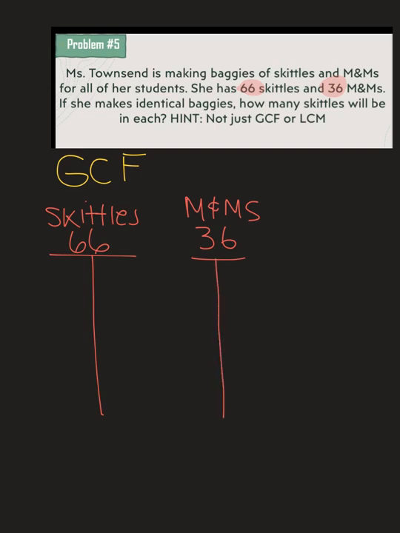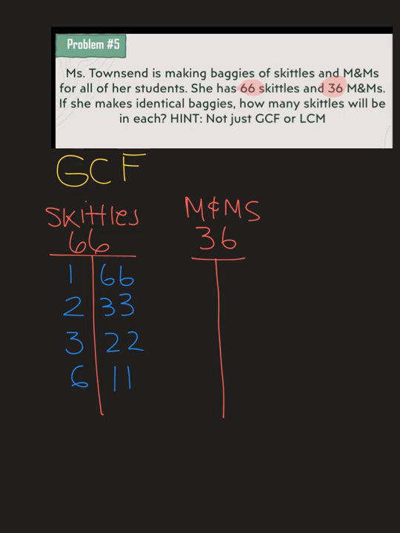Factors of 66, we can start with 1 times 66, 2 times 33, 3 times 22, and then all the way down to 6 times 11. So those are our factors for 66.